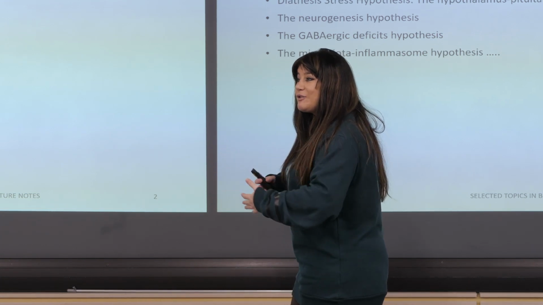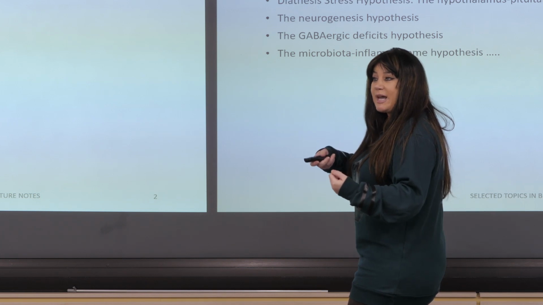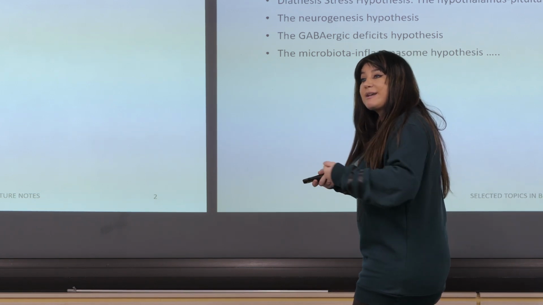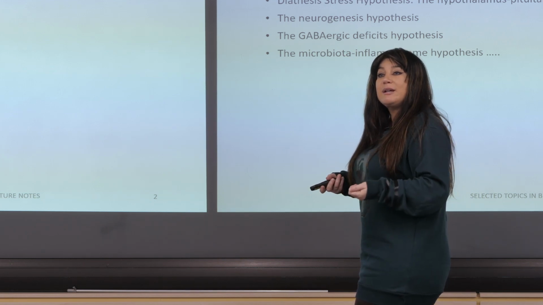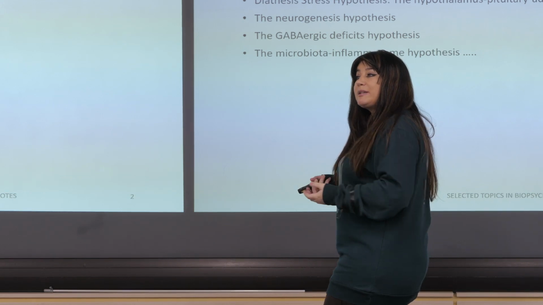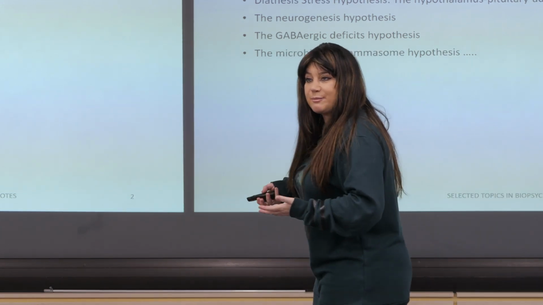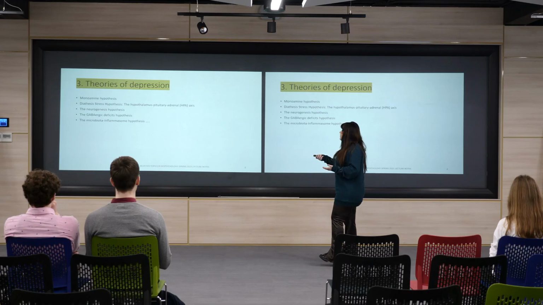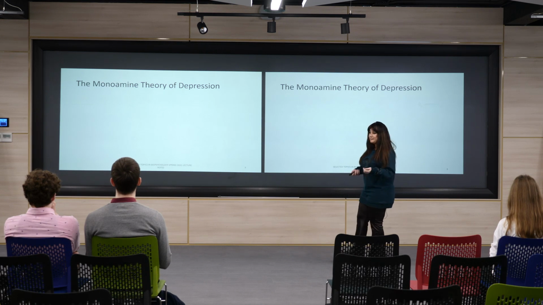So you have different theories, you have experiments, and then we are going to see that some experiments are going to be actually challenged by other experiments. Some conclusions are going to be withdrawn because of some other experimental conclusions, and that is also going to be a real example in the case of depression pathophysiology from a scientific perspective. So the first theory is actually the Monoamine theory of depression.